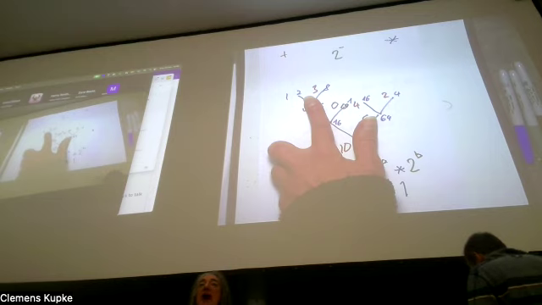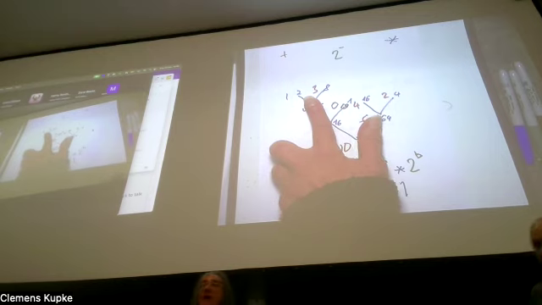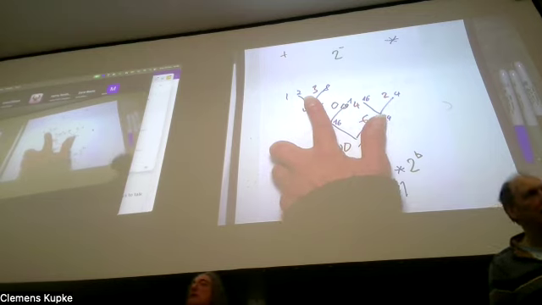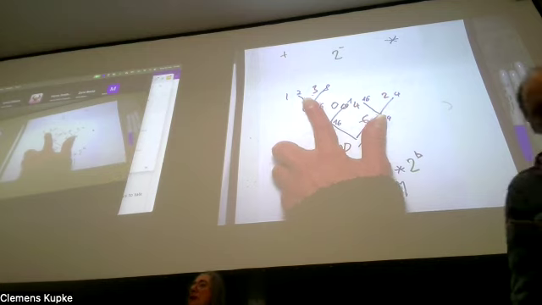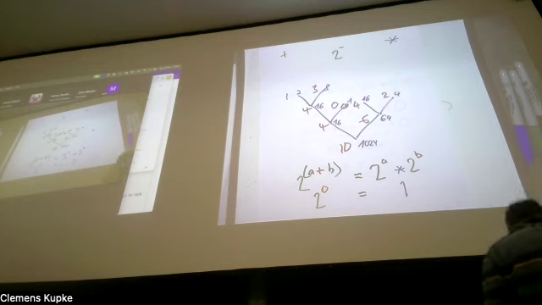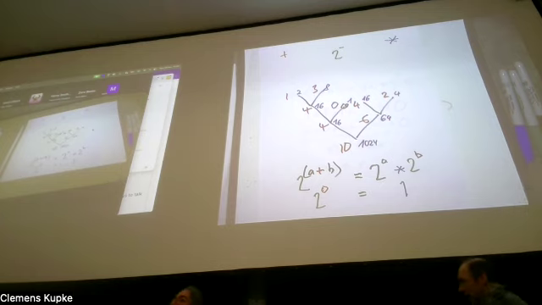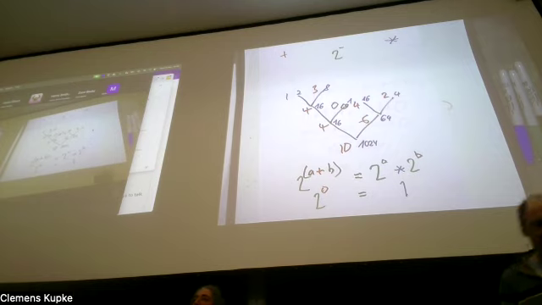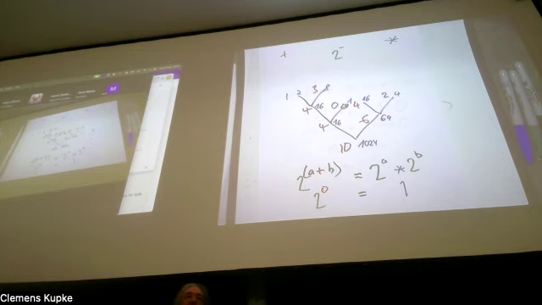That was the choice we had, that we were doing 2 to the power. And you'll find that every monoid map from plus to times is some sort of exponentiation. You decide what to send 1 to, and if you're sending 1 to x, then your monoid map is x to the power.